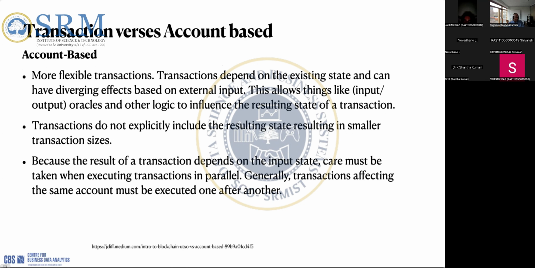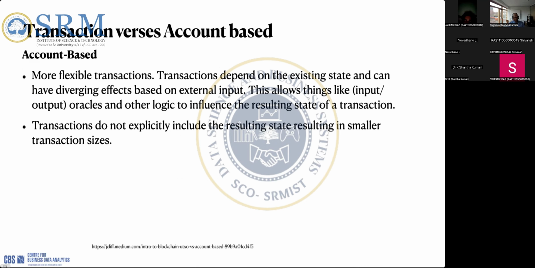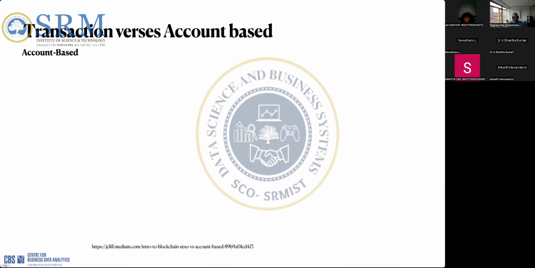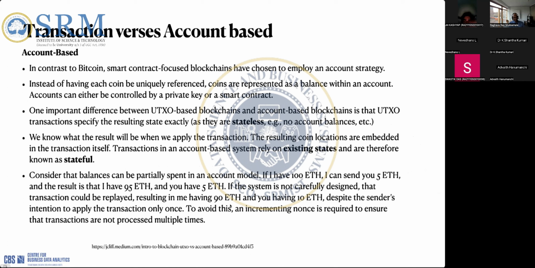Okay, so more flexible transactions. A transaction depends upon the existing state and can have a divergent effect. So again, you can do many things. For example, based on the status of the account, when I have 90 ethers in my account, I can define conditions based on the state, saying that if I only have 90 ethers, then stop executing all further requests.